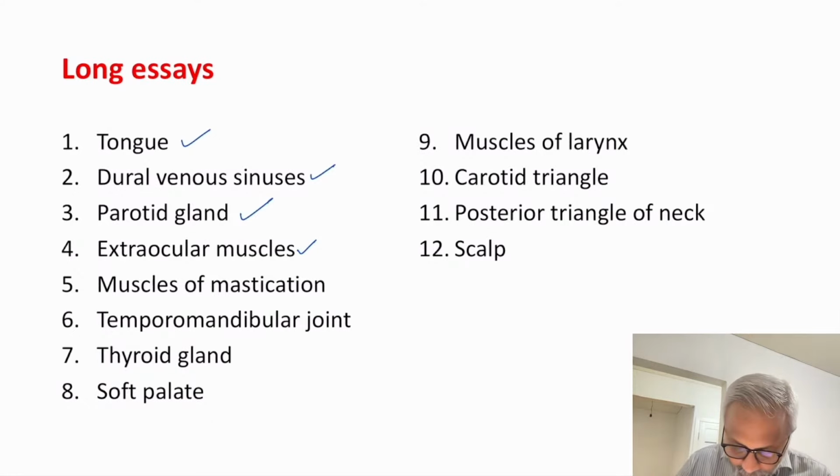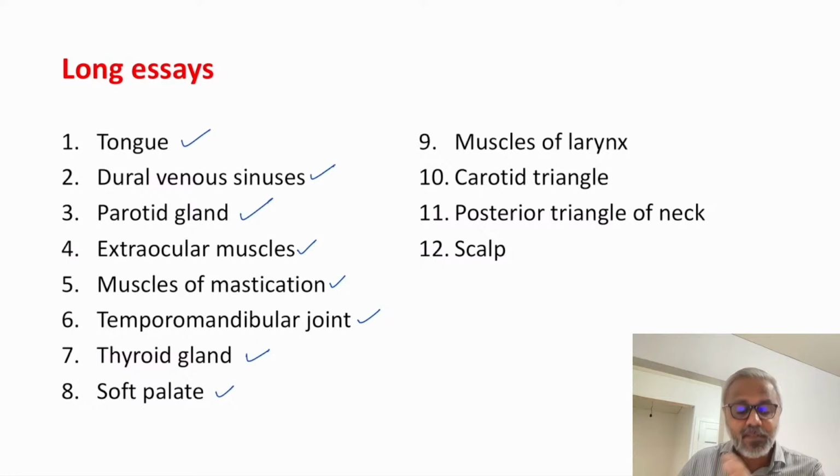Then what about the muscles of mastication? How do we classify muscles of mastication? What are the attachments? What about their innervation and actions? In the region of the infratemporal fossa, one more topic that is very frequently asked is the temporomandibular joint. Then the anatomy of the thyroid gland, anatomy of the soft palate.